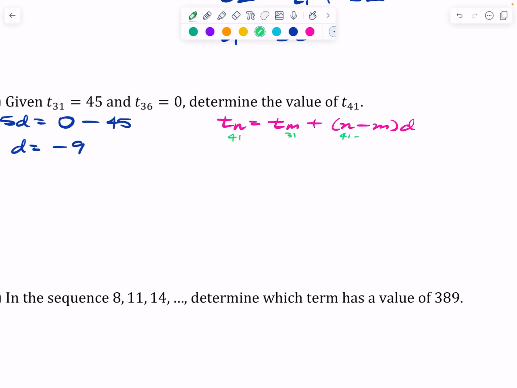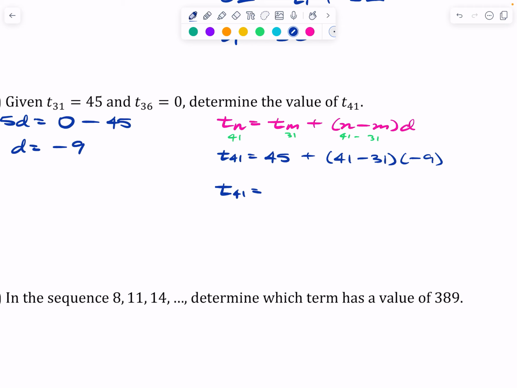And that's what's dictating how I'm writing things out. So term 41 is what I'm finding. We have term 31, and we're going to add n minus m times the difference. From there, just plug into calculator.